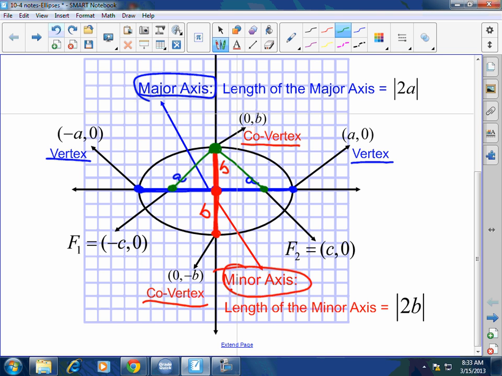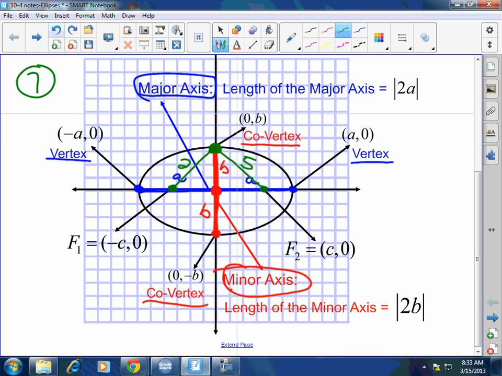So for example, if I said to you that this green distance, which is the distance from this point to the focus, was 2, just for giggles, then this would be 2. No, it doesn't have to be equal. Let's say that's 2, and let's say that was 5, okay? That sum is 7.